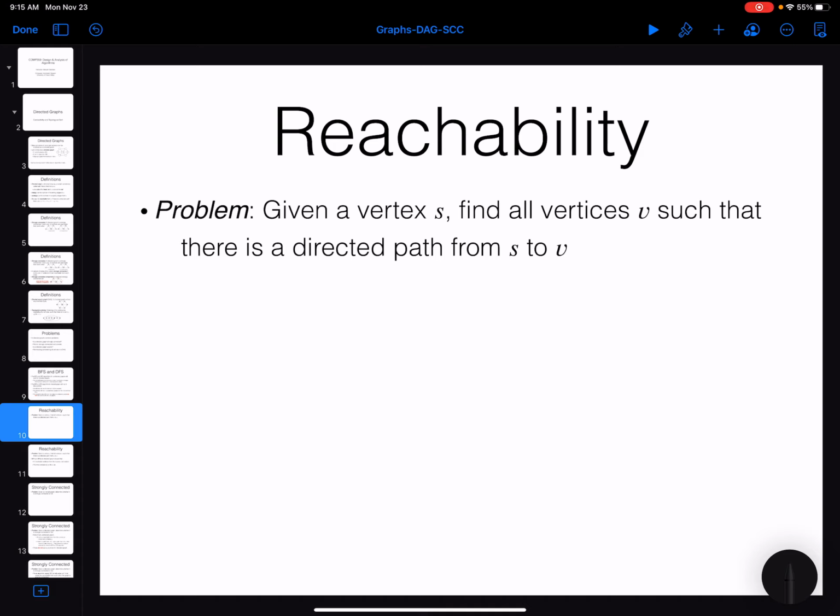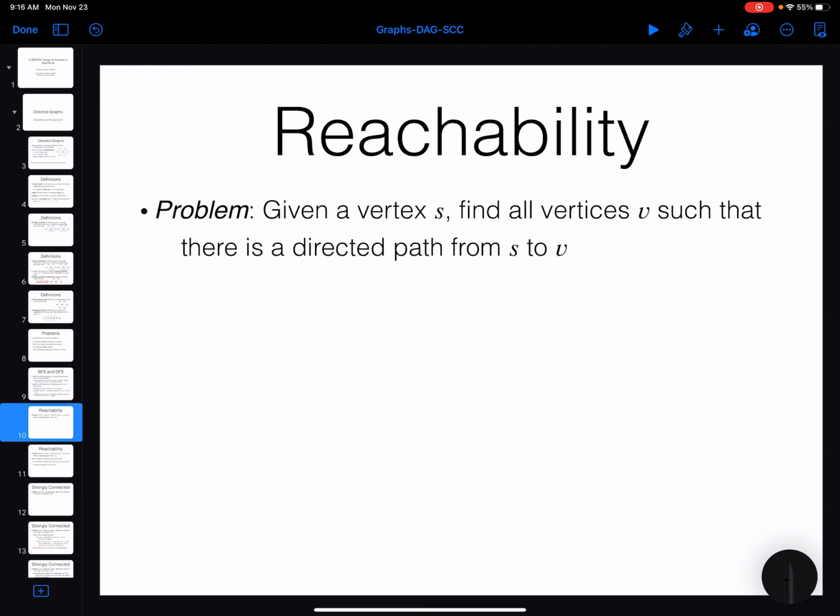Okay, so the first problem that we want to solve here is reachability. I have a vertex S in a directed graph. I want to find all the vertices which are accessible from S, meaning you can find a path from S to those vertices. How can I solve this problem? The answer is simple. You can either use DFS or BFS.